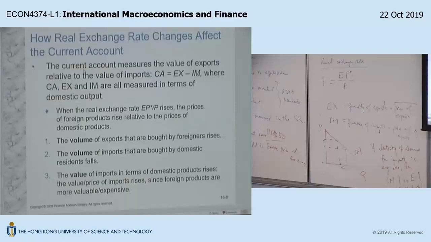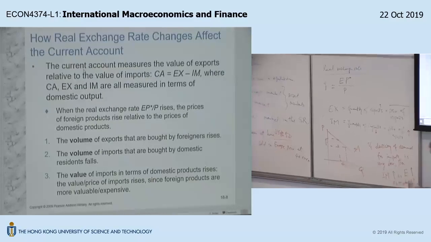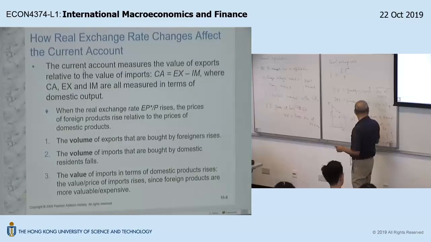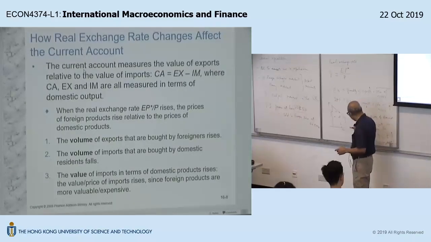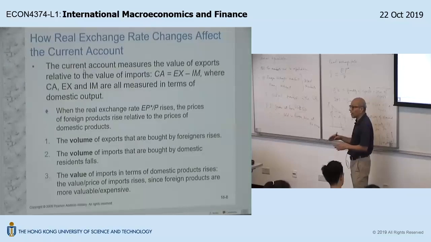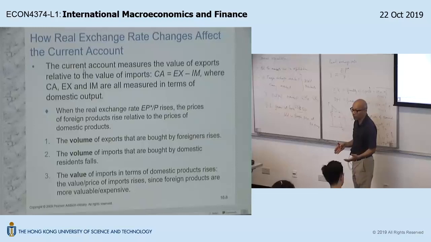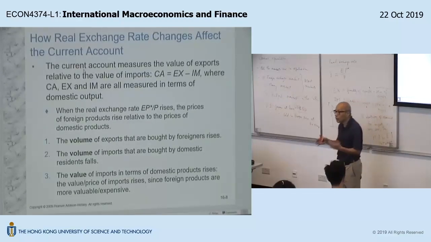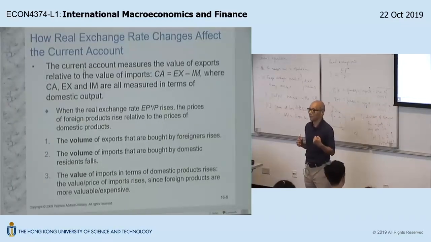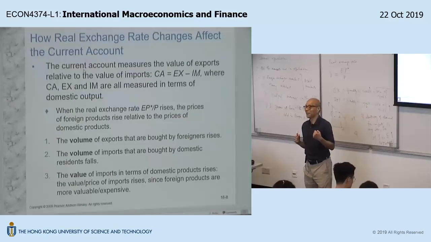It basically says that if the elasticity of demand for imports plus the elasticity of demand for exports is greater than 1, then the Marshall-Lerner condition is satisfied. If it is satisfied, then a real depreciation will lead to an increase in net exports. Does that make sense?